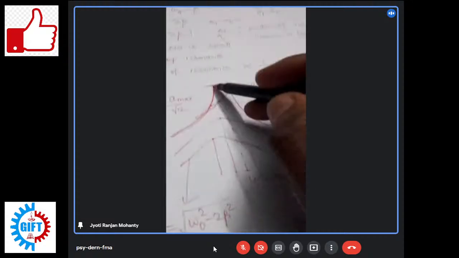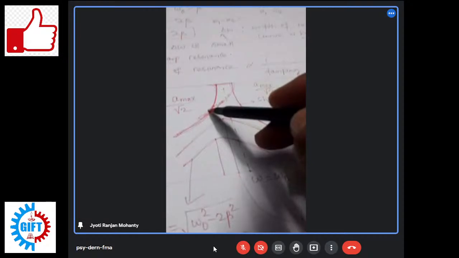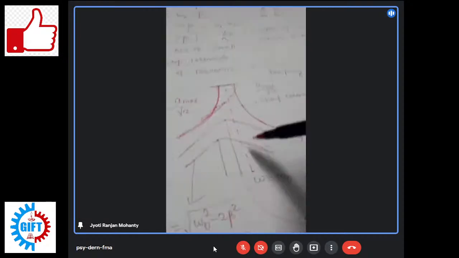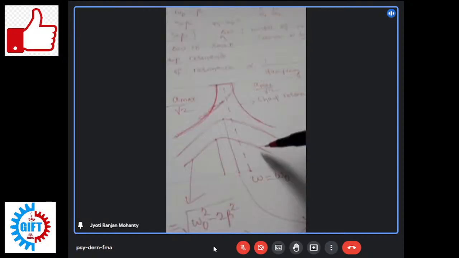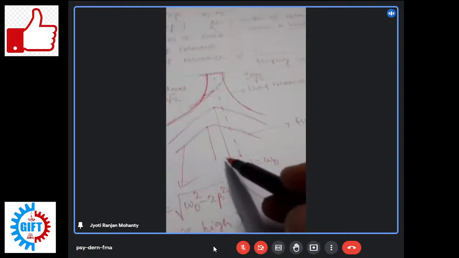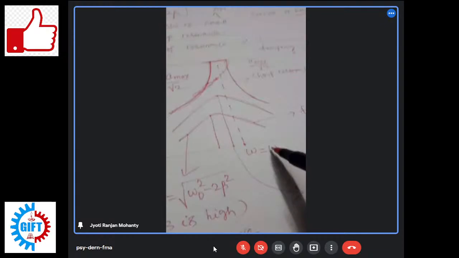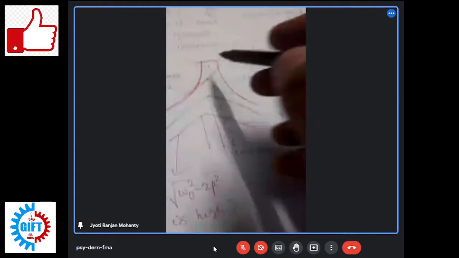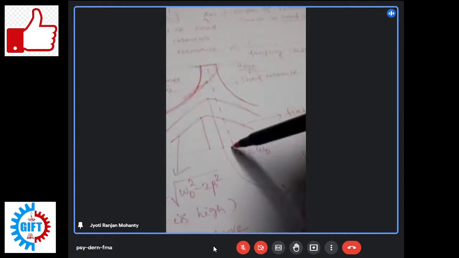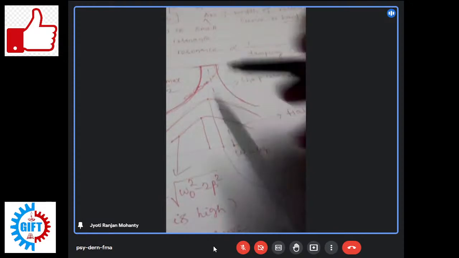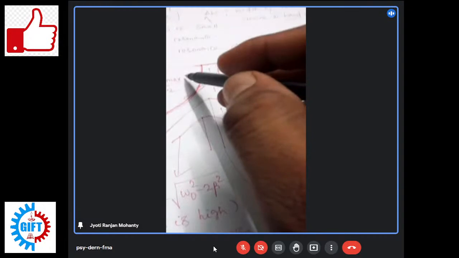Then the amplitude suddenly decreases as the frequency increases or decreases. So this is my omega r, the middle point, omega equal to omega 0 or omega r. From this omega r or omega 0, how much does the amplitude decrease? So this is one question mark.